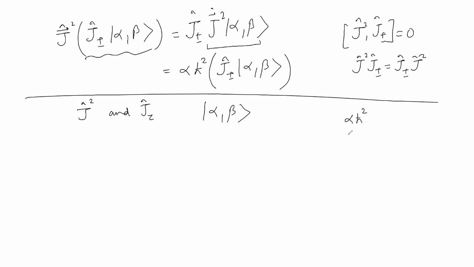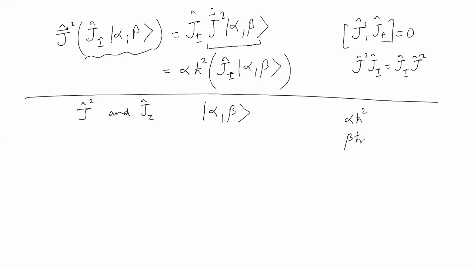For J square the eigenvalue is alpha h cross square, for Jz the eigenvalue is beta h cross. A priori we don't know what these alpha and beta are; this we will determine today, what values of eigenvalues alpha and beta are allowed.